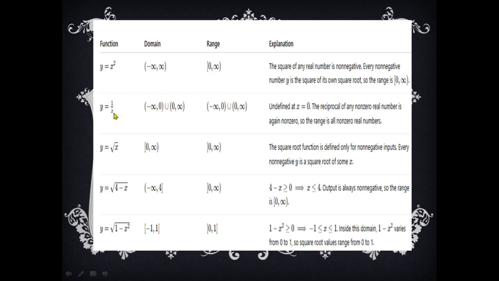Y equal to 1 by x, here x will not be 0. So excluding 0, the domain is minus infinity to 0 union 0 to infinity. Here we put the open bracket, that excludes the 0. The range is also minus infinity to 0 union 0 to infinity.